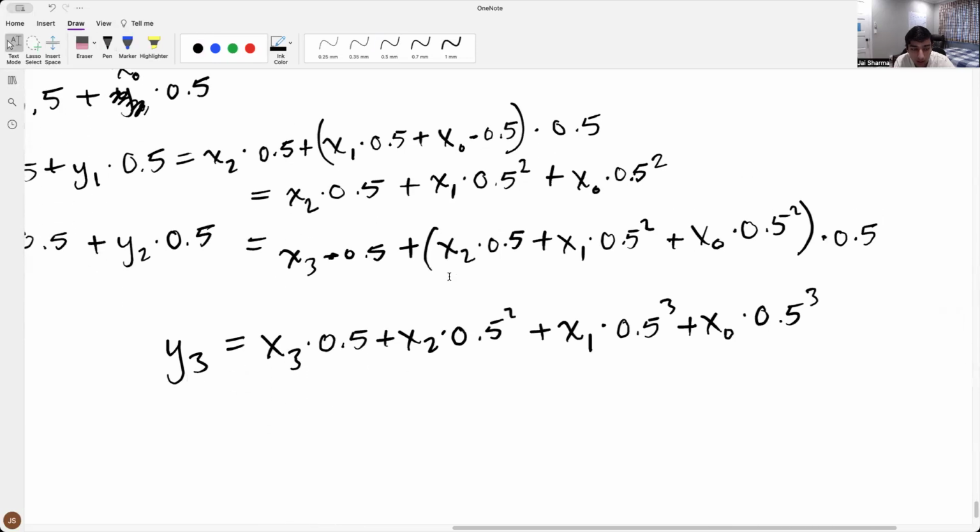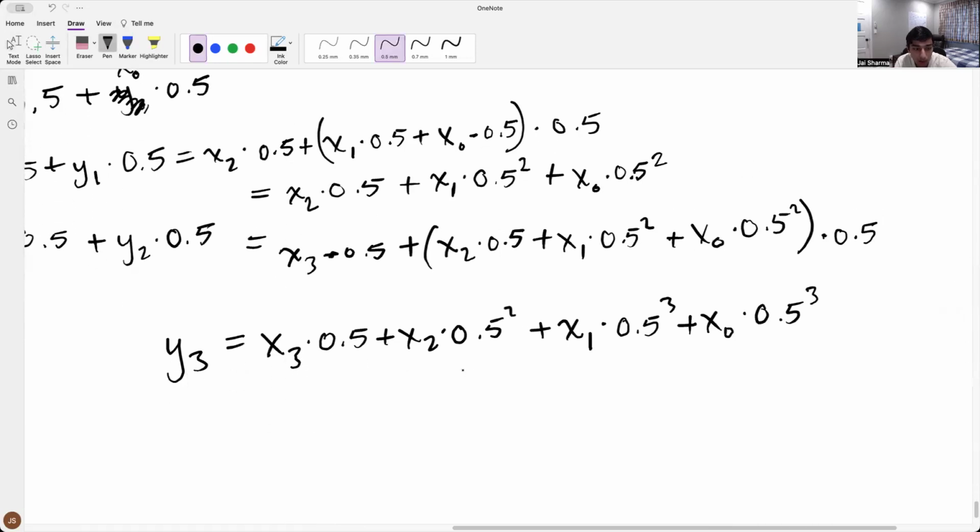And then over here, y3 is equal to x3 times 0.5 plus x2 times 0.5 squared, x1 times 0.5 cubed, x0 times 0.5 cubed. So what we can do here is start to understand the weightage, so let's add up all of these things: 0.5 plus 0.5 squared plus 0.5 cubed plus 0.5 cubed.